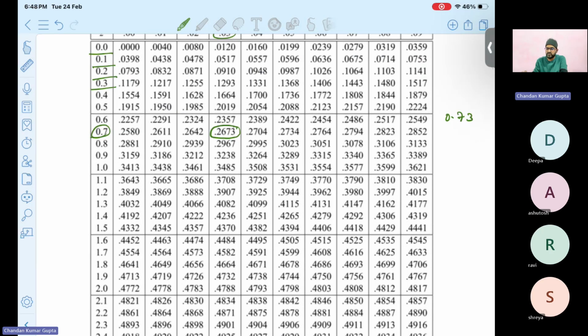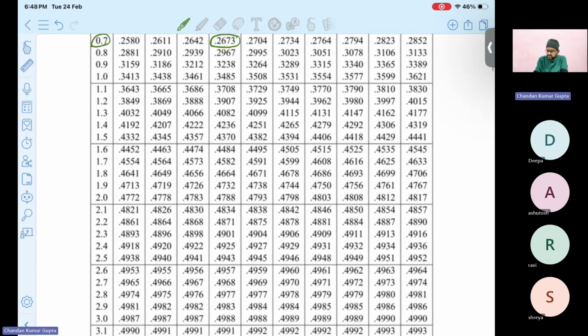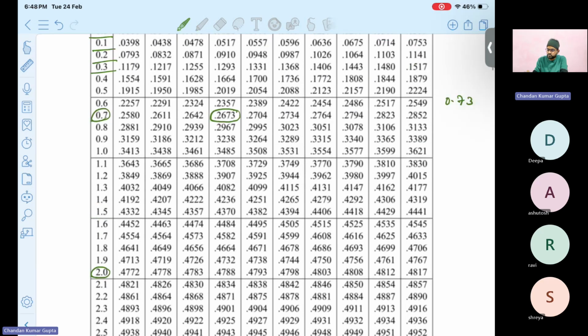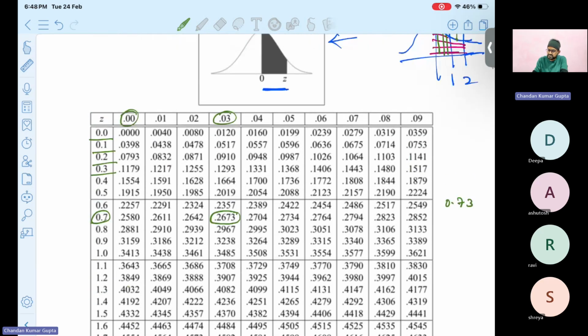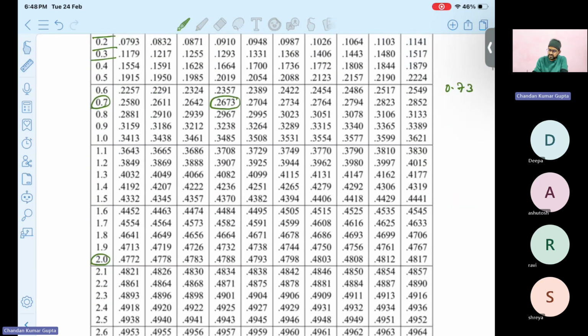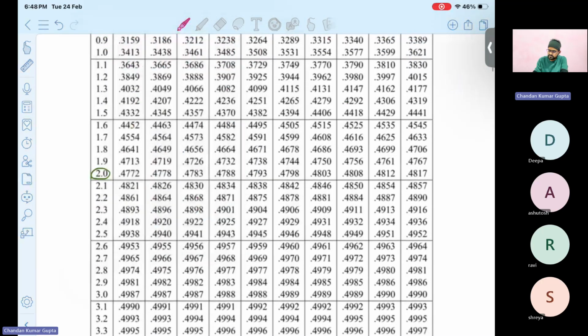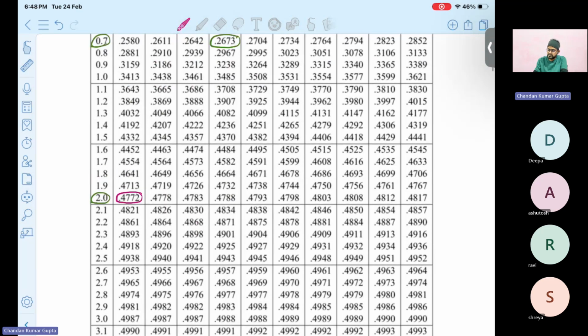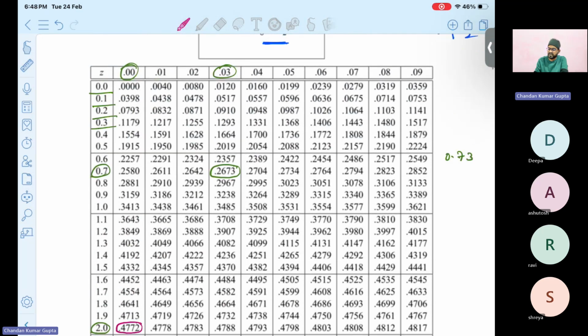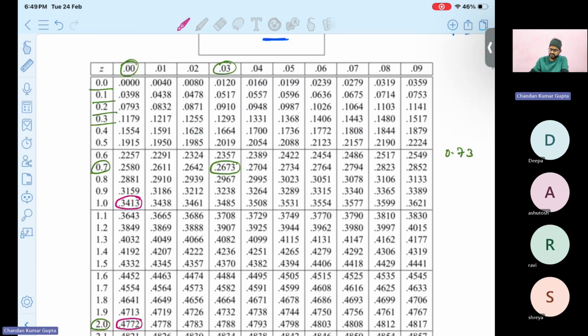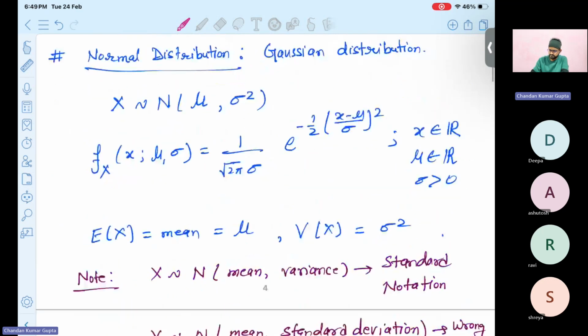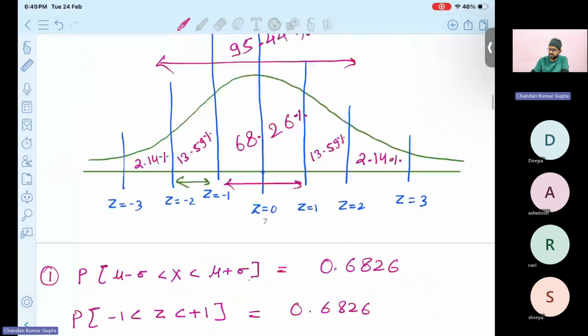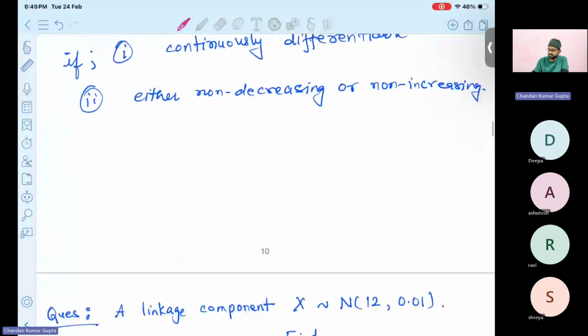Now phi 2, for 2.0, comes out to be 0.4772, and phi 1 is 0.3413.